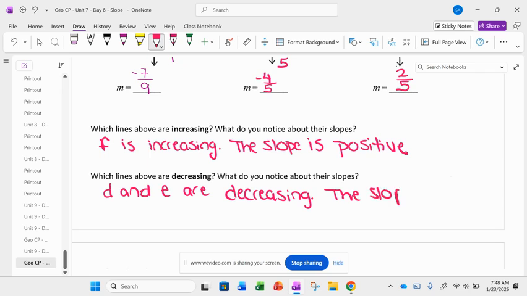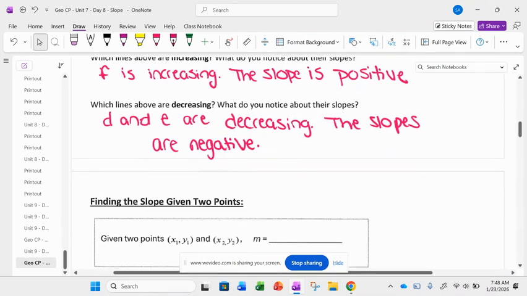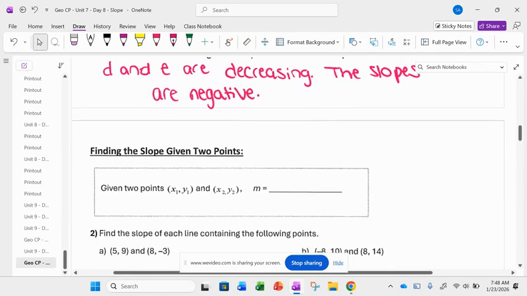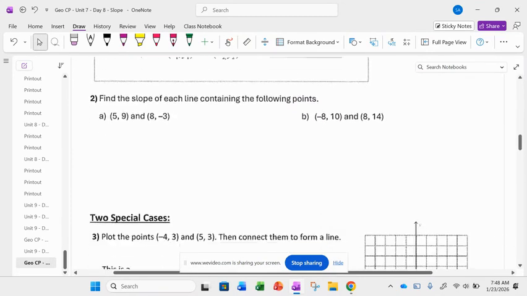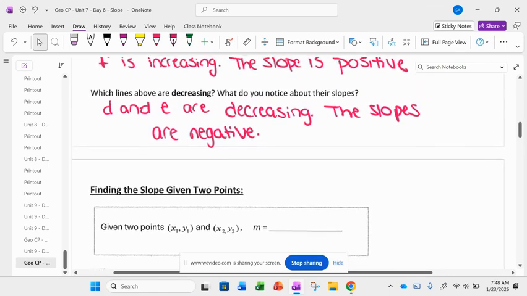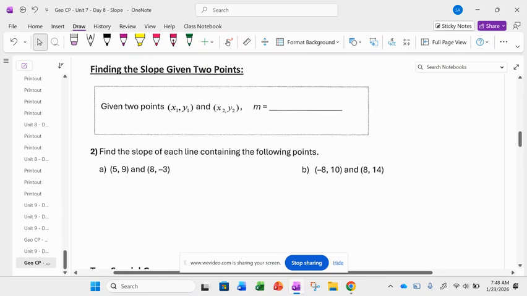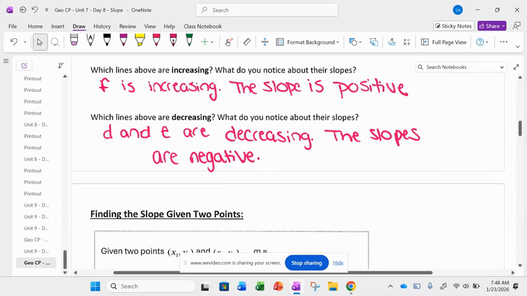The slopes are negative. Is anybody still copying this?